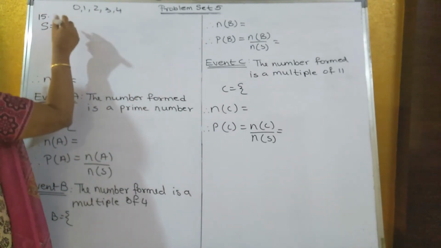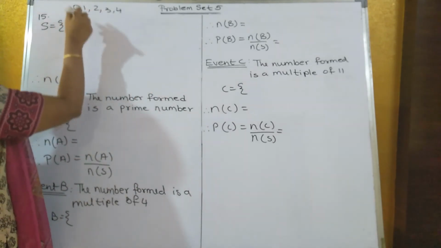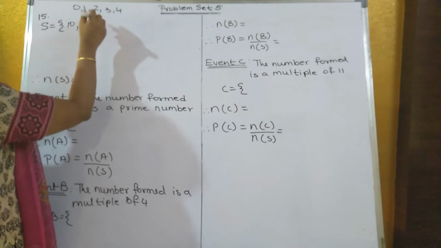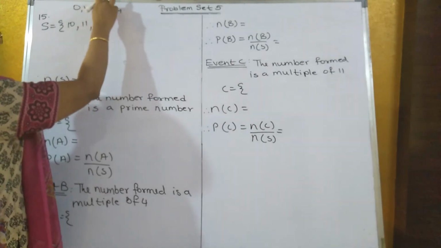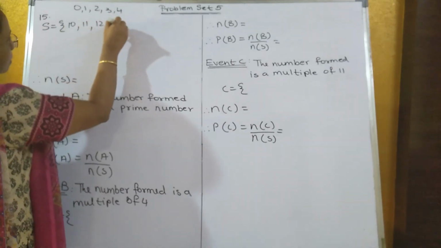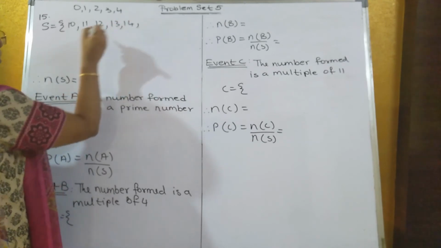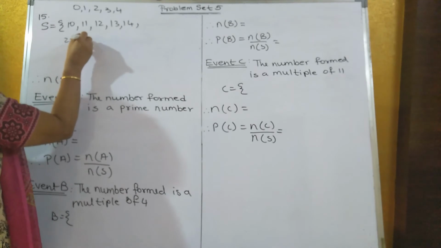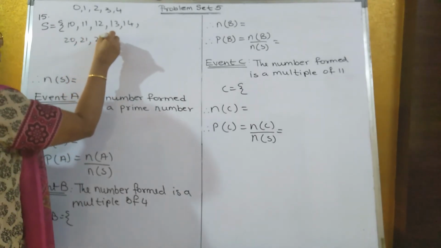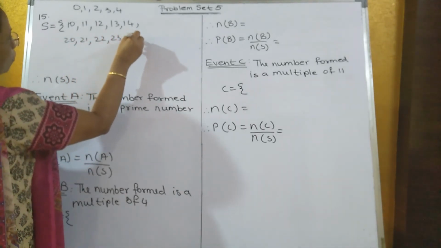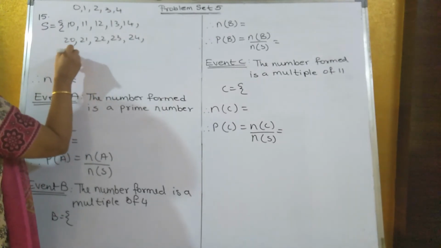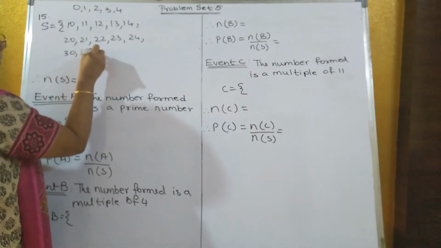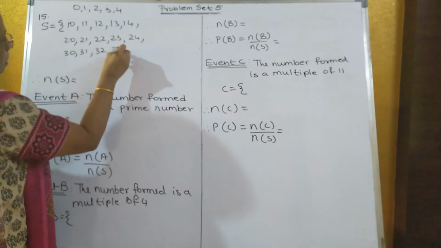That is 1, 0, 10. Then 1, 1, 11. Then 1, 2, 12. 1, 3 is 13. 1, 4 is 14. Similarly with 2, you will take 20, 21, 22, 23, 24. Next with 3, 30, 31, 32, 33, 34.